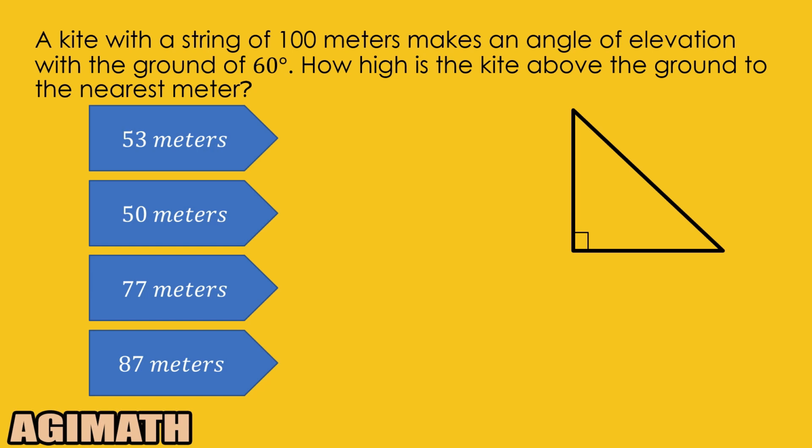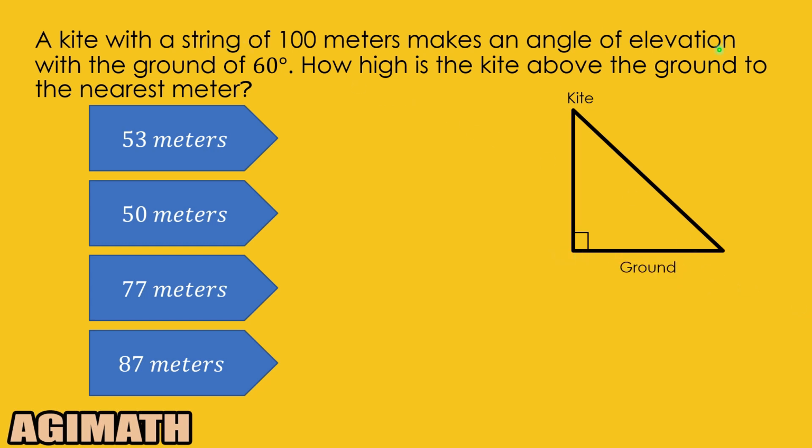So to make it precise, you start with a right triangle because we are expected to have a right triangle. And then we have a kite. Of course, a kite with a string of 100 meters makes an angle of elevation with the ground of 60 degrees. Meaning, when we have an angle of elevation, the observer is here, so the kite should be up above. So we have the kite somewhere here. This is the ground.